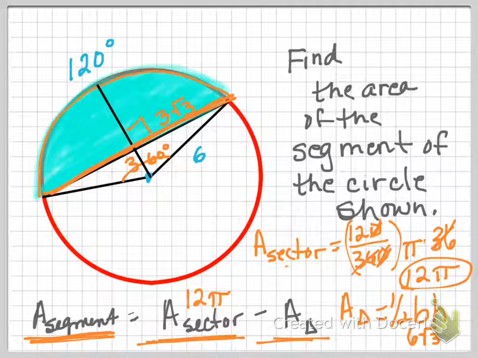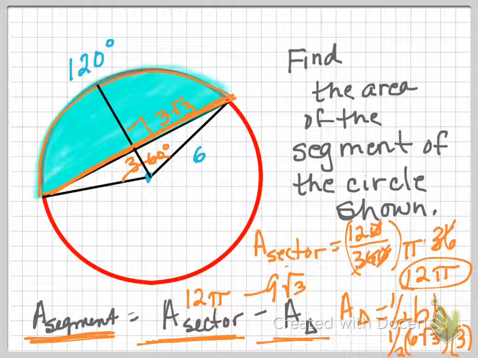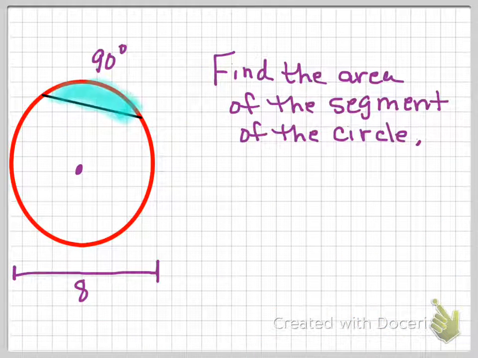My height is 3. And so I've got 1/2 that. So I end up with 1/2 of 18 square root of 3, so that is 9 square root of 3. So the area of my segment is 12 pi minus 9 square root of 3. Whew. It's a lot of work for those segments.